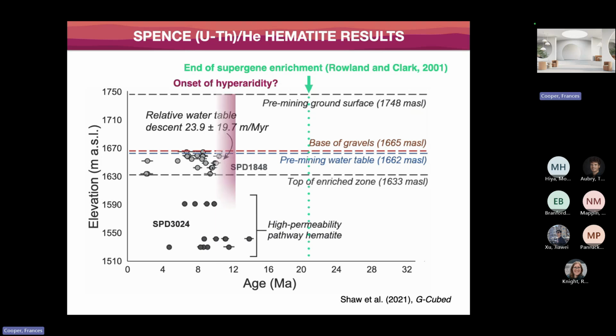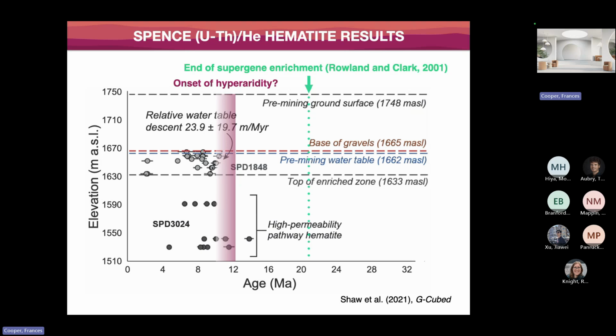But the precipitation of the hematite has been very interesting because weirdly, it actually seems to start, we start getting the hematite precipitating shortly after the onset of hyperaridity, about 12 to 10 million years ago.